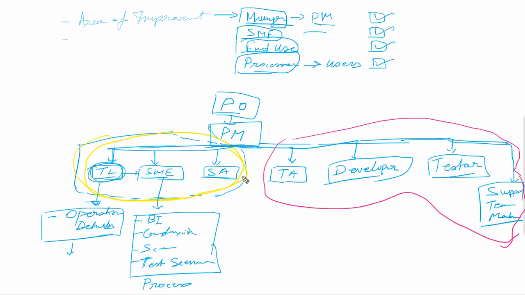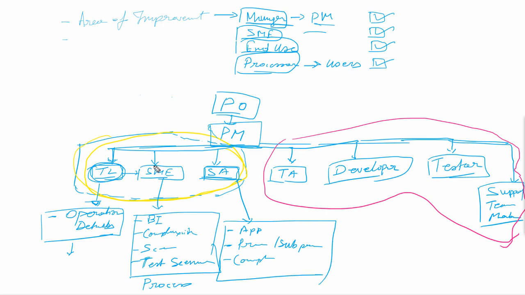The solution architect is an expert in designing solutions, in the sense that the person should know how many applications are involved, how many processes and sub processes there are, and what the complexity of it is. In collaboration with the SME, this person gets to know and designs the solution.